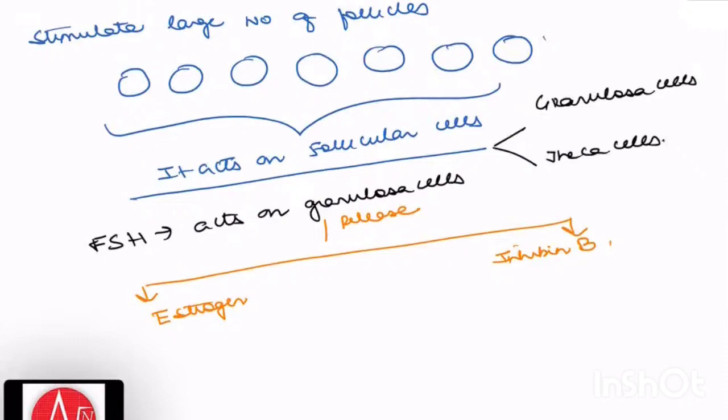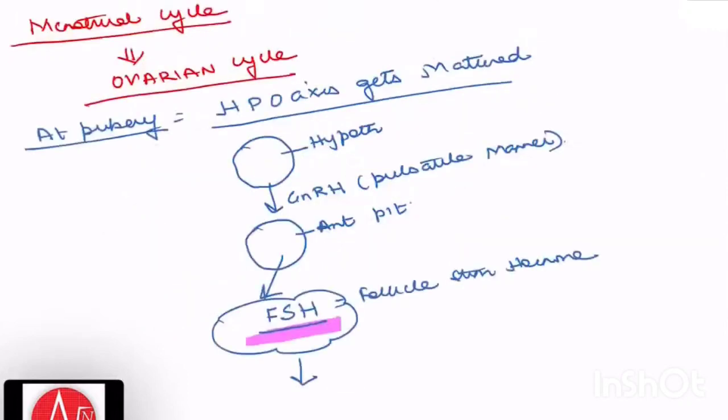Clear? Now please understand here again. हुआ क्या puberty पे? Puberty पे HPO axis got matured. From the hypothalamus, GnRH was released in a pulsatile manner. GnRH acted on anterior pituitary, and from anterior pituitary, hormone FSH is released.